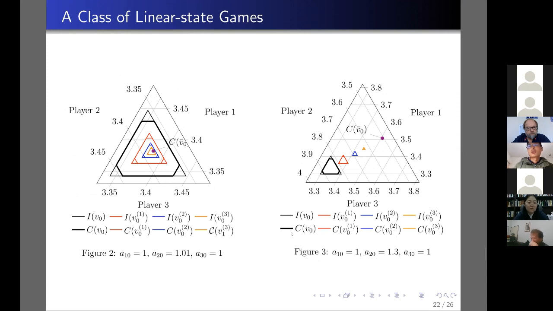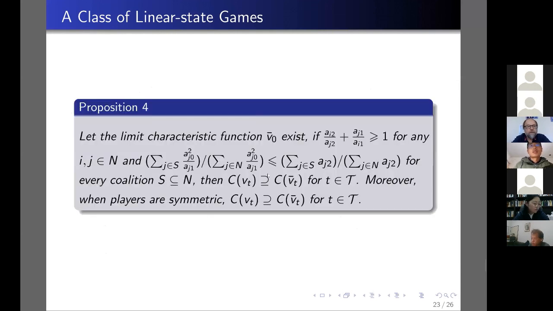Figure 3 shows a totally different case. The initial core does not intersect with the modified cores at all, and the limit core is out of the initial core. Our theoretical result is: when the limit characteristic function V bar 0 exists, if we have such an inequality and such a condition for every coalition S, the initial core will contain the limit core.